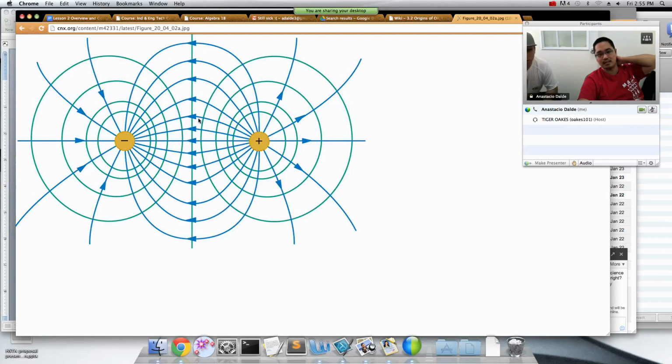Why can't it just go up and then diagonal? Why does it have to have a curve? Well, think about this. If you have a test charge exactly on this middle point, your positive charge will repel it exactly that way, and the negative charge will pull it exactly this way.